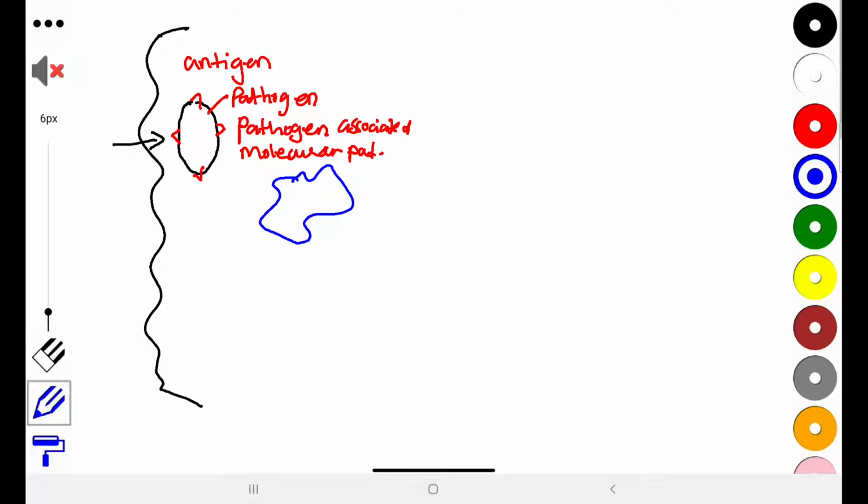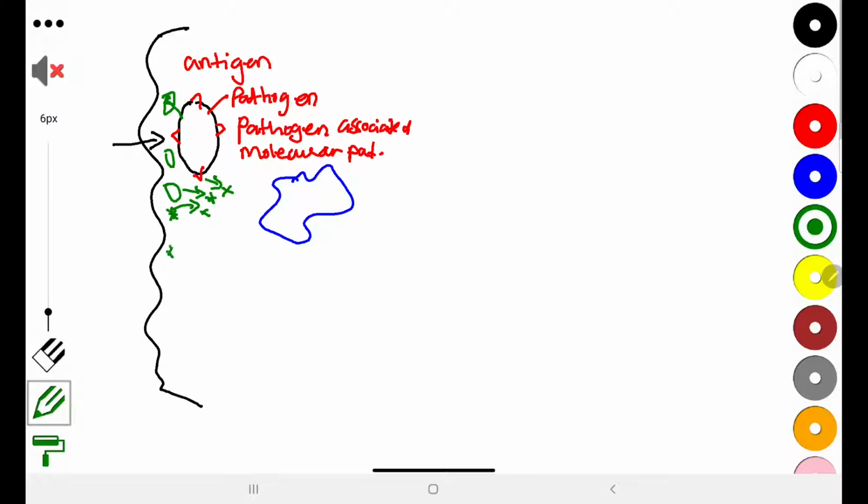So the infected cells, or wherever it is that the pathogen has gone into, we see that they release what is known as chemokines. Okay, so we have chemokines that are released into the interstitium.